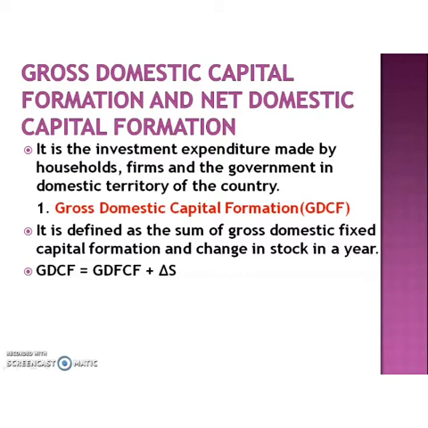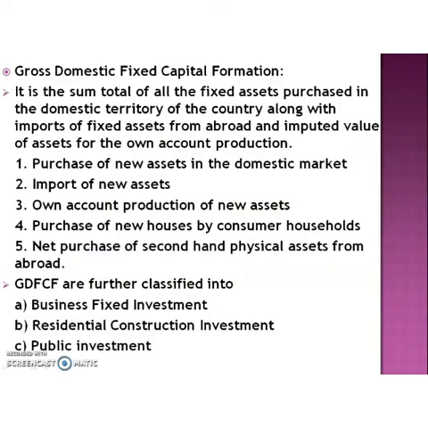They are gross domestic fixed capital formation and change in stock. So what is gross domestic capital formation? It is defined as the sum of gross domestic fixed capital formation and change in stock or change in inventory in a year. So it has two components, that are gross domestic fixed capital formation and change in stock. So what is gross domestic fixed capital formation?